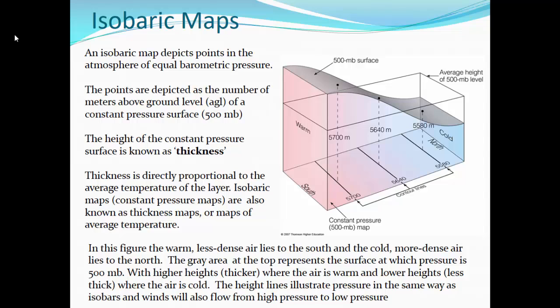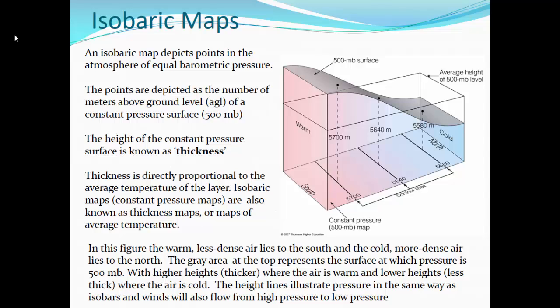So contour lines show us the thickness of the atmosphere or the height of the atmosphere. Thickness is directly proportional to the average temperature of the layer. On isobaric maps, constant pressure maps, also known as thickness maps, or sometimes even maps of average temperature, the thickness is directly proportional to the temperature, with thicker areas, higher heights, being over warm, and lower heights over cold.